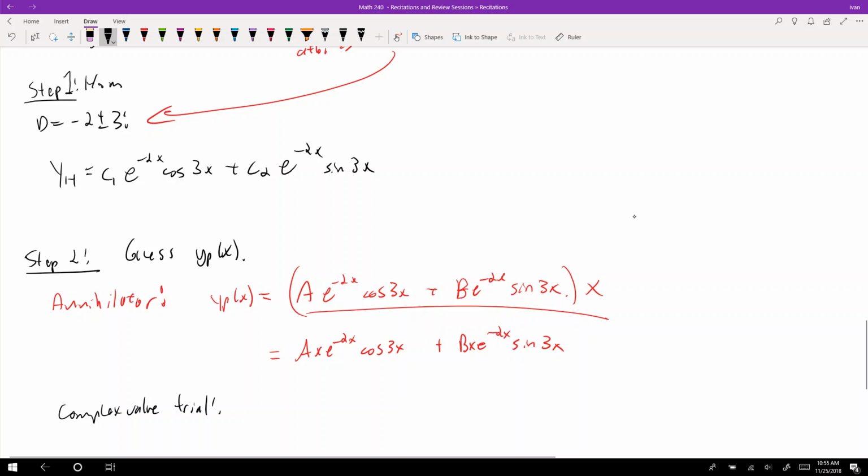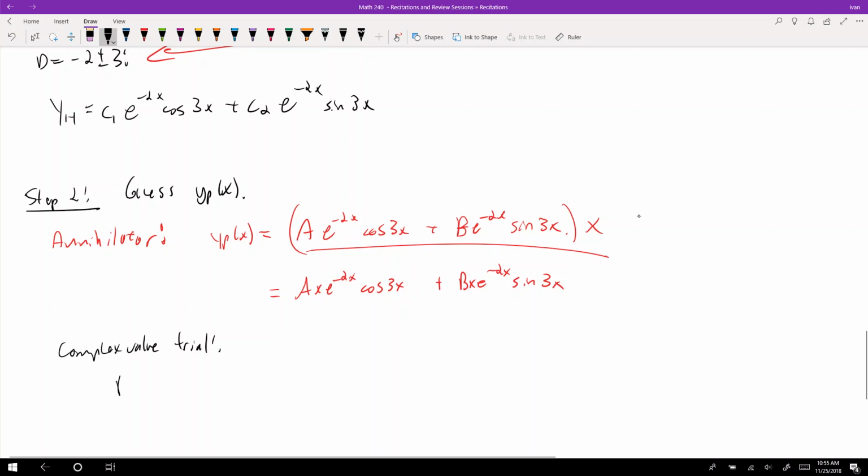Right, so the right-hand side is 12 e to the negative 2x sine 3x, which comes from a root that's negative 2 plus 3i. However, then for yp of x, we would guess a e to the negative 2 plus 3i x.